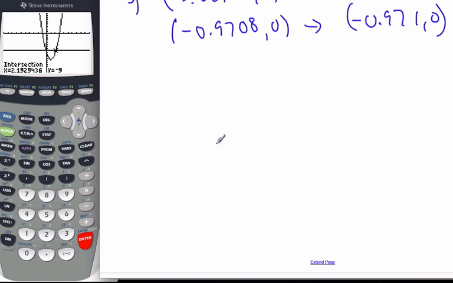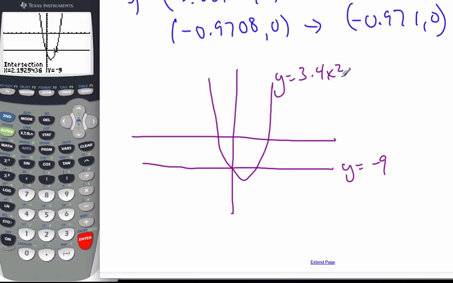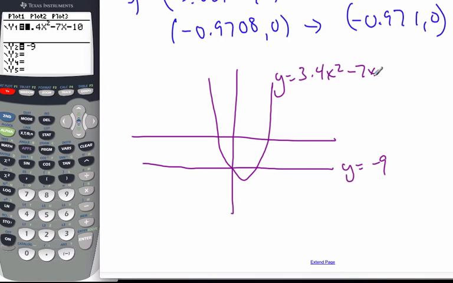Now it does say that in order to do this, I need to do a graphical solution. What that entails is making a picture, just a rough sketch. I know it's going to do something like this, and then here is y equals negative 9. This is y equals 3.4x squared minus 7x minus 10. This is minus 20 to 10, and negative 10 to 10.